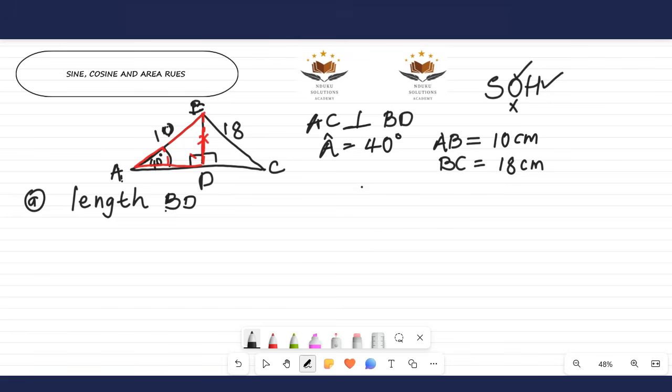So we'll simply say the sine of this 40 degrees is equal to the opposite side, which is BD, the one that we're looking for, over the hypotenuse, which is 10.